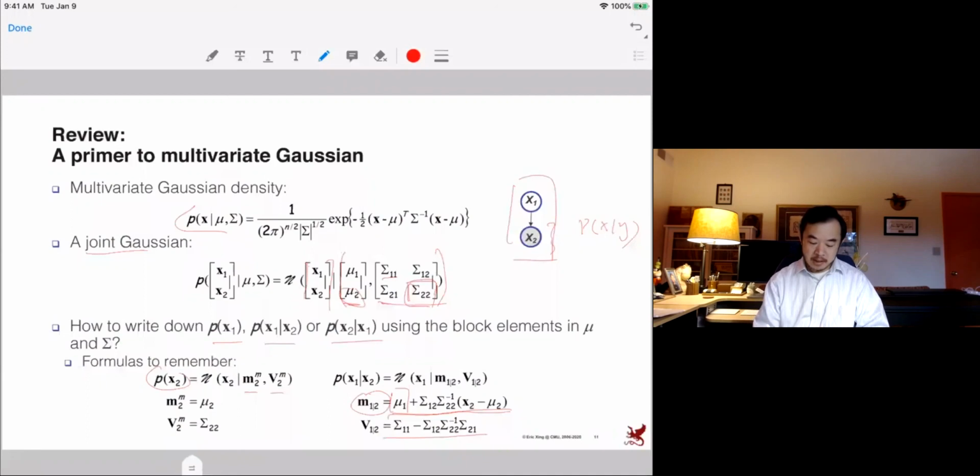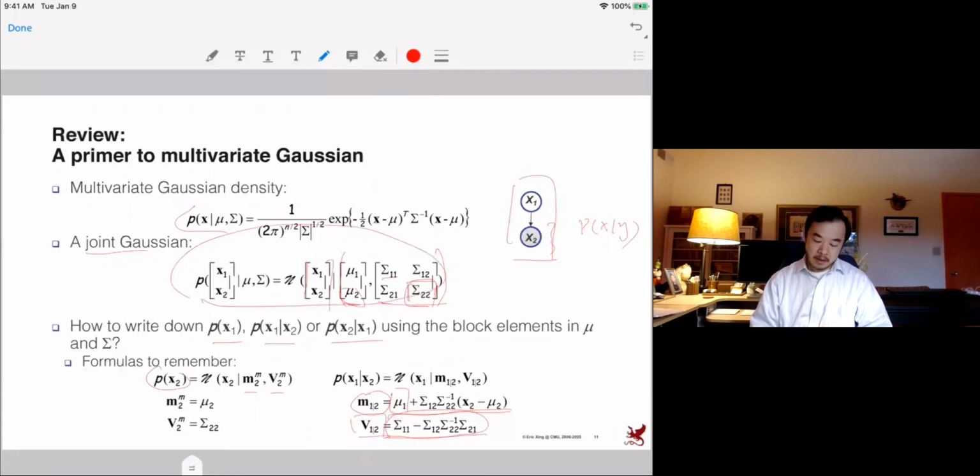Okay, and then the conditional covariance of x1 given x2 also follows this particular sequence of matrix algebra. Just remember this. The virtue here is that you can basically read off all the submatrices that you need to compute the conditional mean and conditional covariance from the submatrices of this joint distribution.